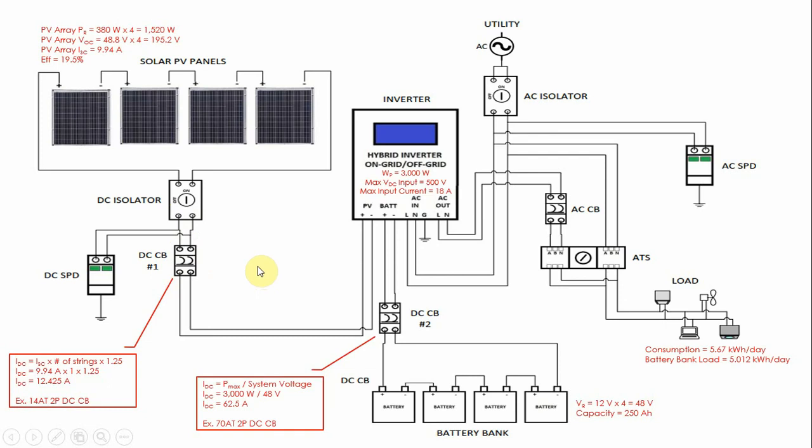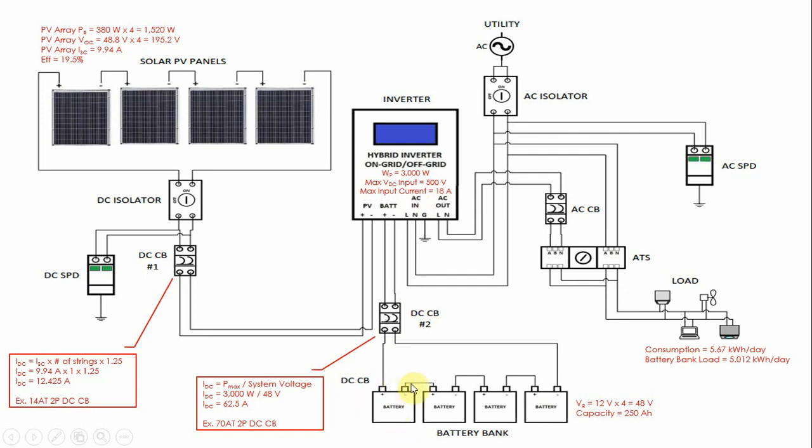DC circuit breaker number 2 is at the input of our inverter, or at the output of our battery bank. To compute the rating of our DC circuit breaker number 2, we need to divide the maximum power of our inverter, that's 3000 watts, by the system voltage of our battery, which is 48 volts.